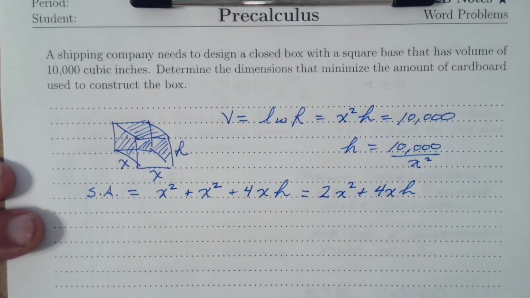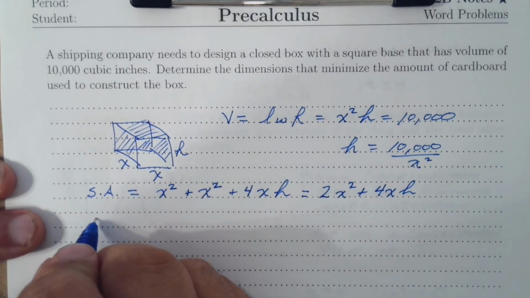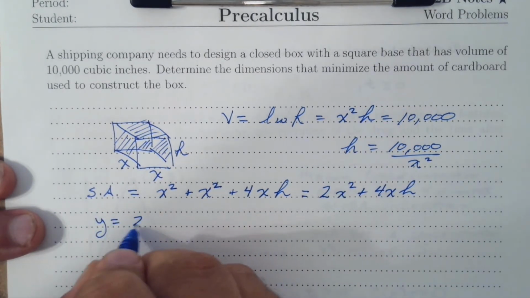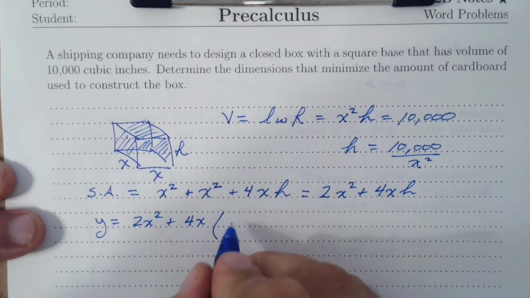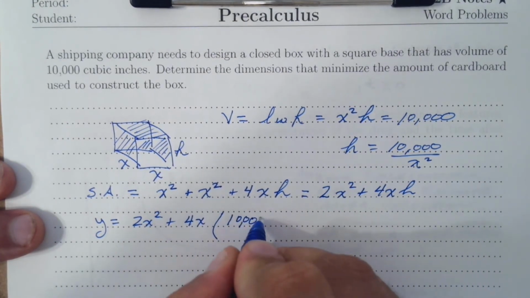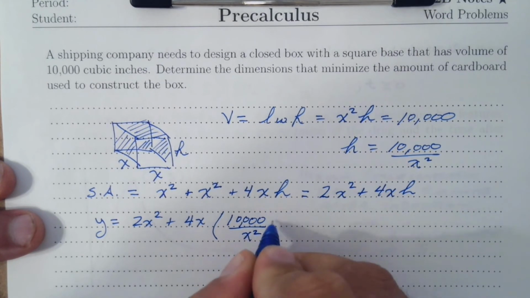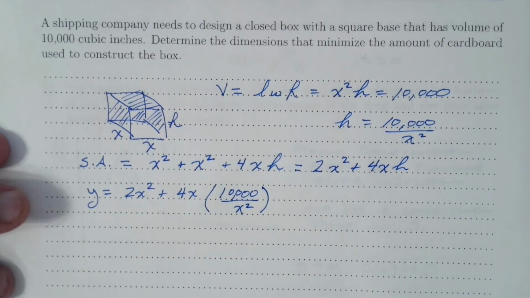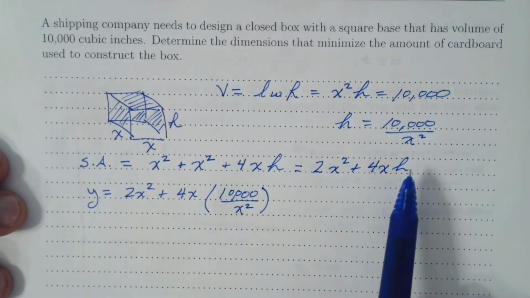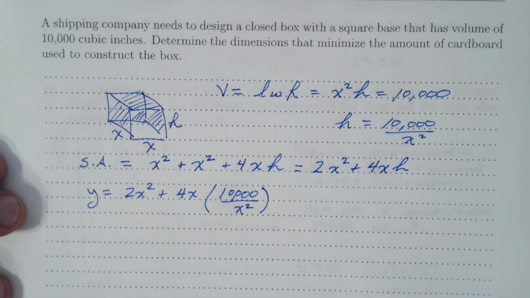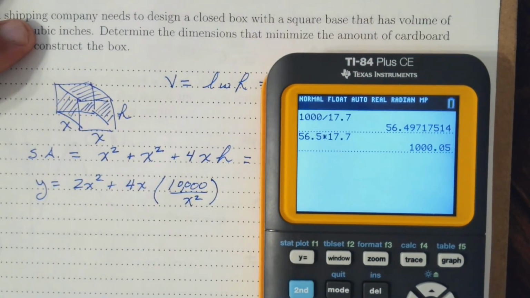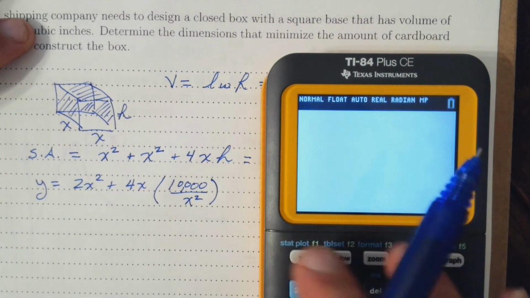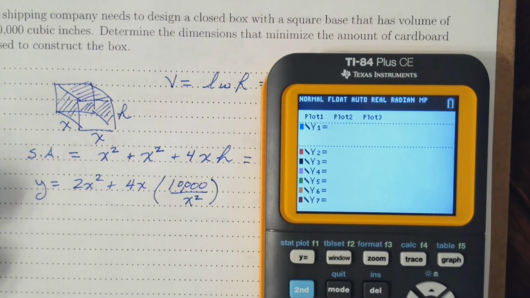We want to minimize this particular function, so we need to graph it. We're going to graph y equals 2x squared plus 4x times 10,000 over x squared. That's my function, because I substituted for h. So let's get our calculator, clear what we had before, and put this in.